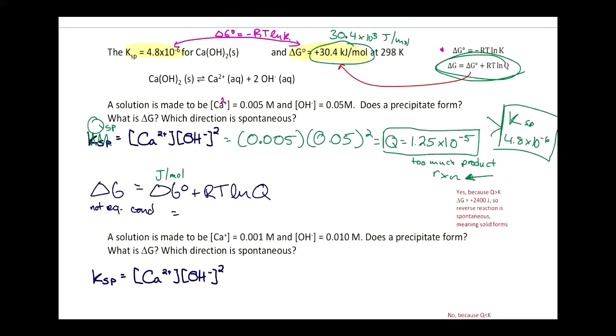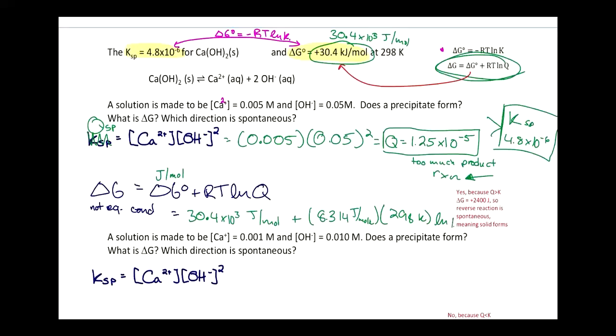So delta G without the naught is 30.4 times 10 to the 3 joule per mole plus a factor of R, so 8.314 joule per mole Kelvin, times temperature, which is 298 Kelvin still, and then we're going to plug in the ln of Q, the Q that we just calculated.